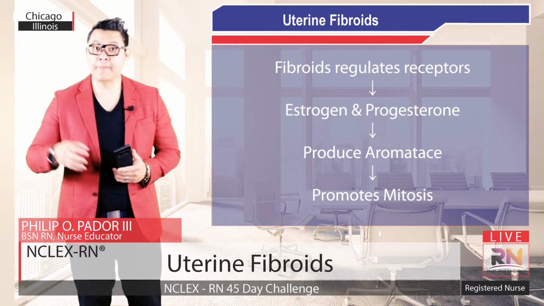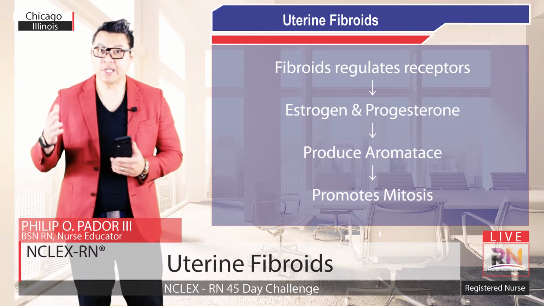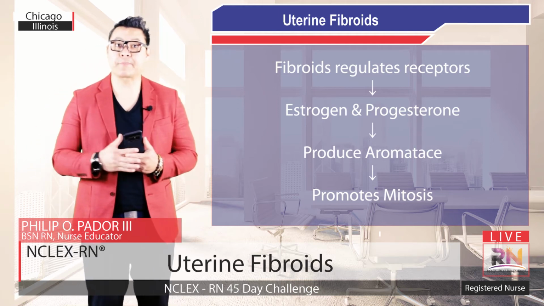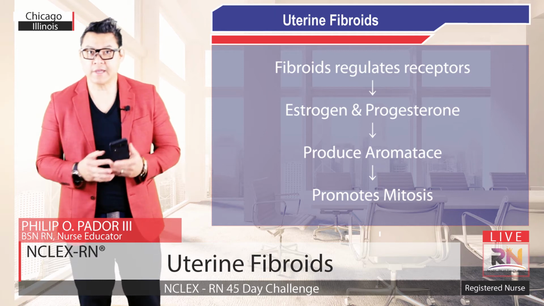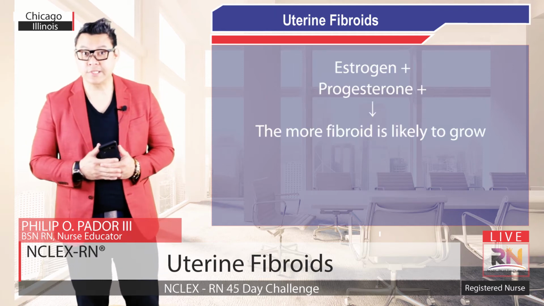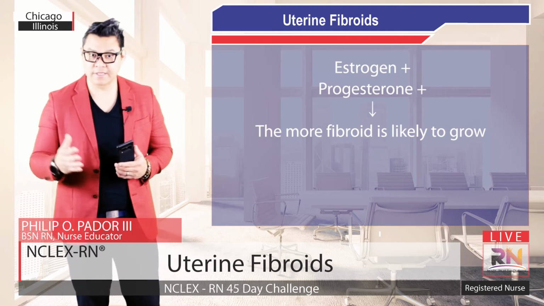Estrogen specifically upregulates growth factors like IGF-1, EGFR, and TGF beta 1. And progesterone upregulates EGF, TGF beta 1, and TGF beta 3. So the more estrogen and progesterone that are available, the more fibroids are likely to grow.